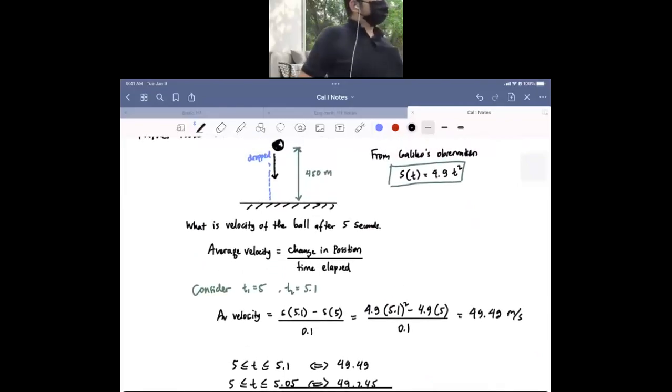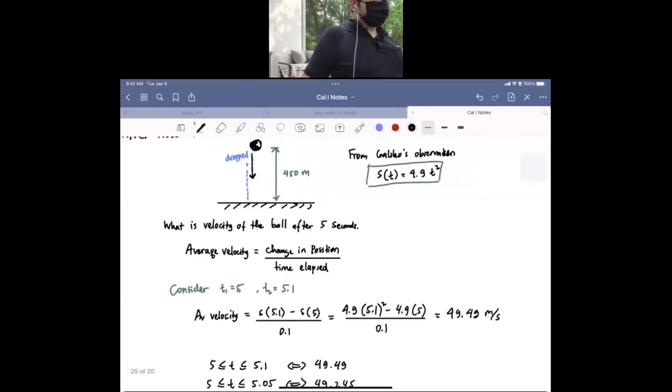From his observations, he observed that we have correlations between the positions and time, in which it's correlated to 4.9 t squared. And we apply that formulation to calculate the average velocity, and then from the value, we play along with those values and try to get a smaller interval.